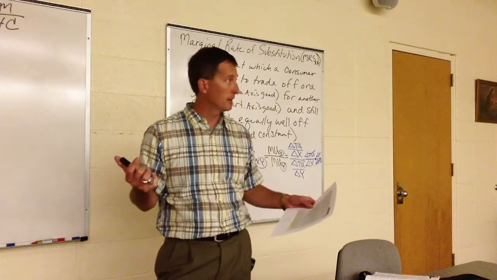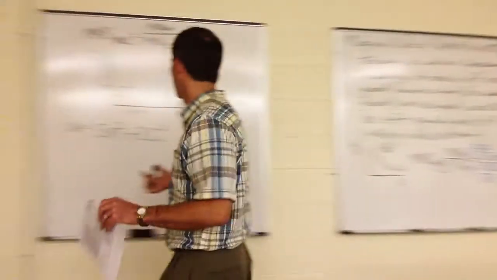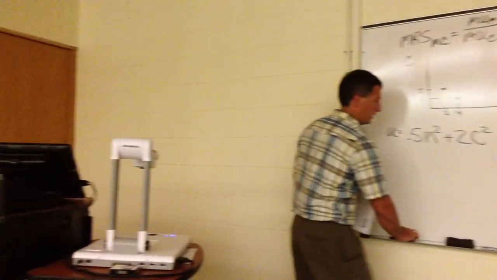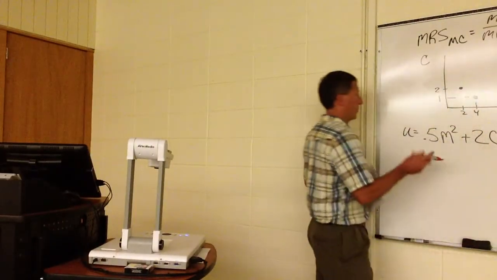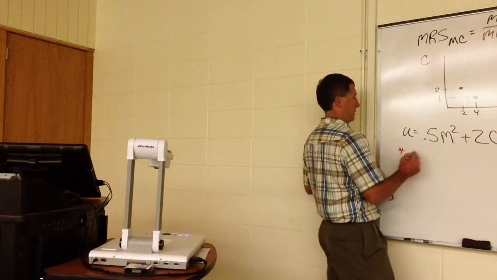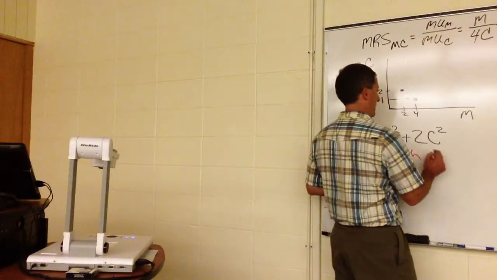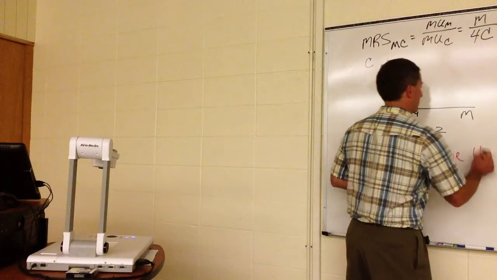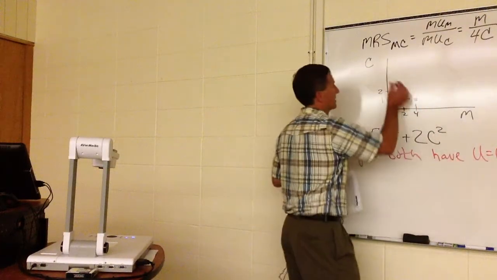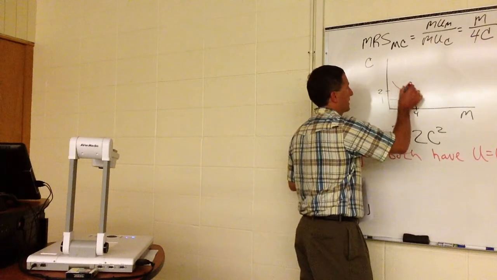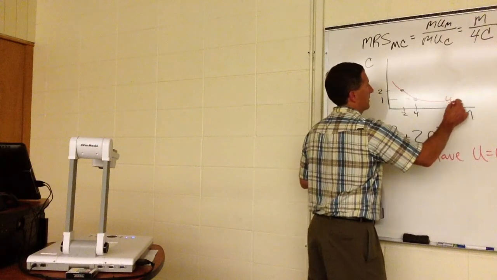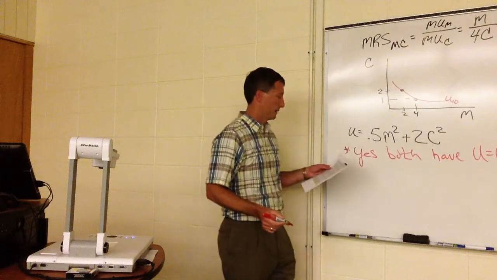Yeah, I'll just write it down. Okay. So both points have utility equal to 10. So that means there is an indifference curve. Not sure exactly what its shape is, but there is some indifference curve that's equal to 10.